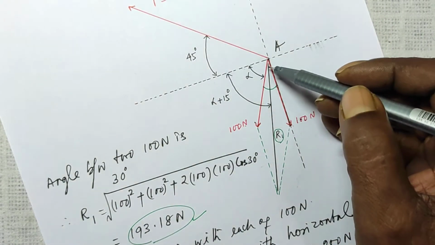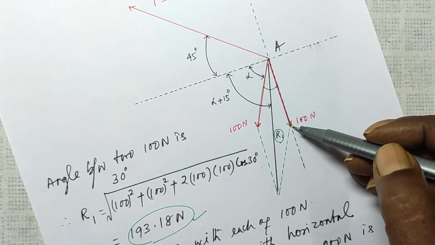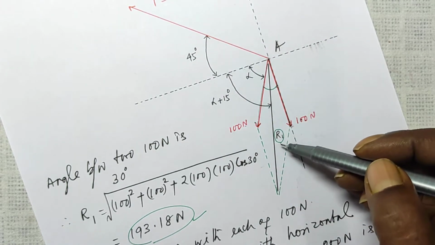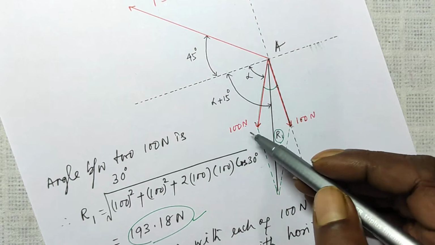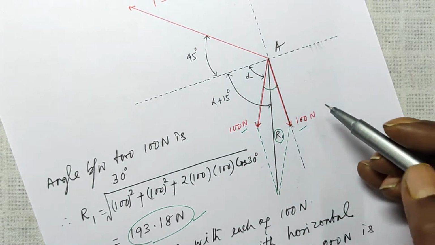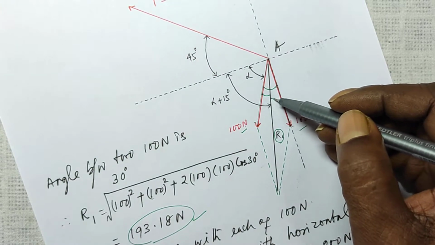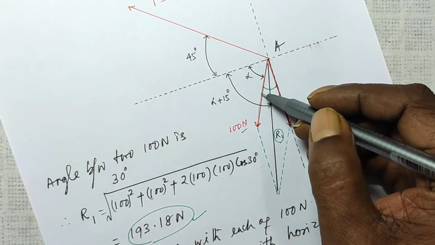And since this side is equal to this side, the diagonal R1, which represents the resultant of this 100 Newton and 100 Newton, will make 15 degree with this 100 Newton and 15 degree with the other 100 Newton. Means this is 15.